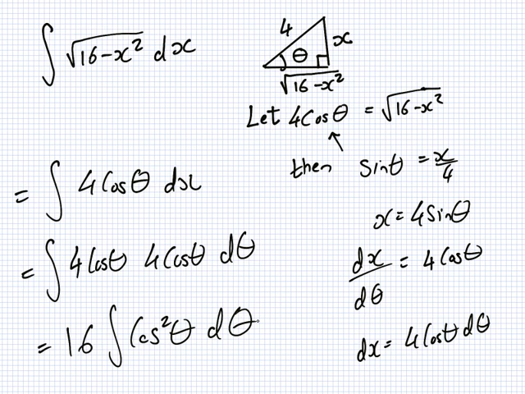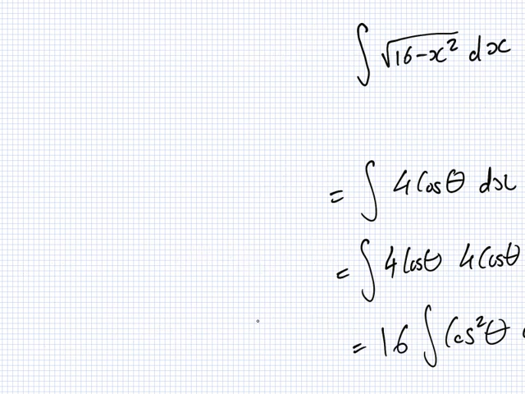Continue. So we need to do something about the cos squared theta. So, on the side here, just for a moment, remember we have cos 2 theta equals cos squared theta minus sine squared theta.